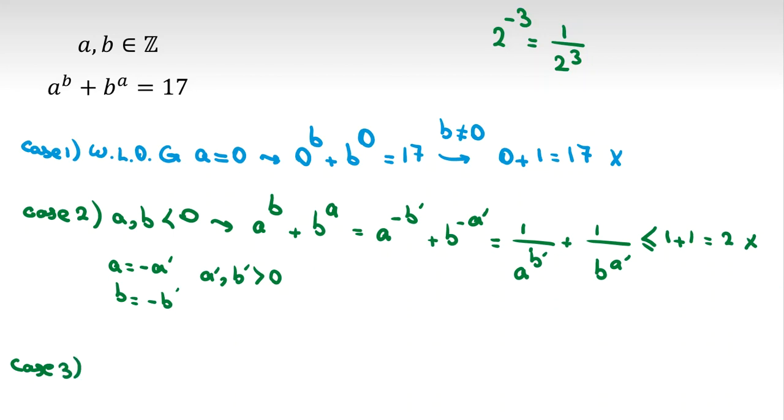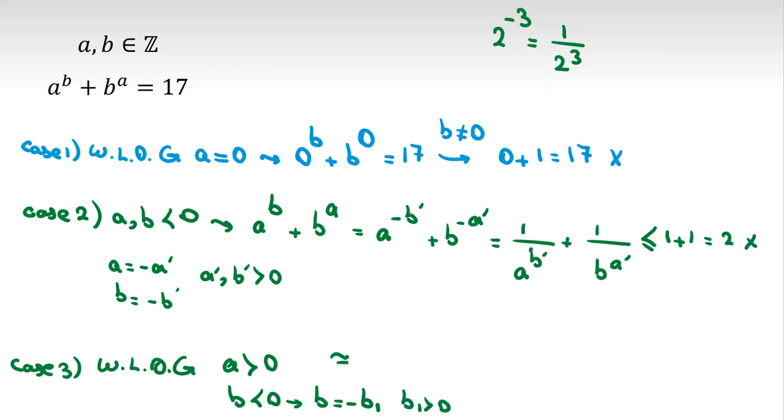Now, let's consider the third case. One of them is negative and one of them is positive, because we've considered 0. Because the problem is symmetric with respect to A and B, without loss of generality suppose A is positive, B is negative. So you can consider B equal to negative B1, where B1 is positive.